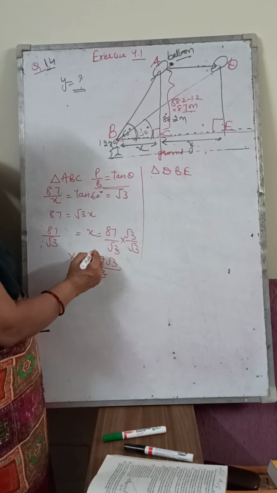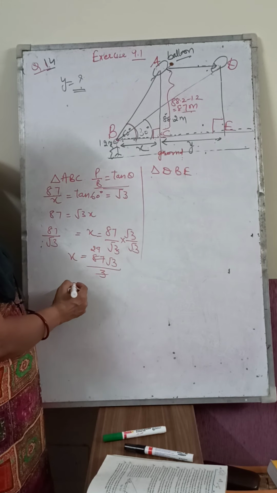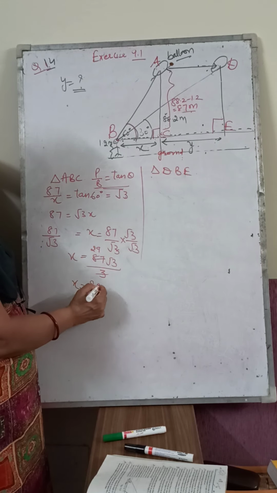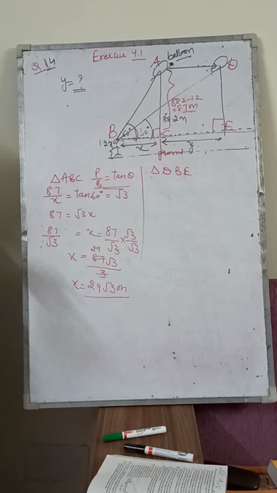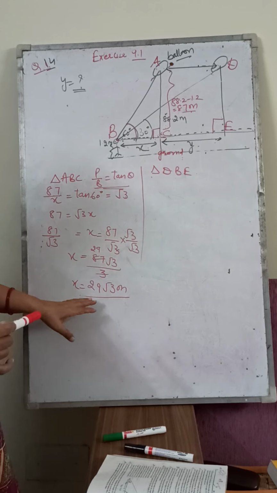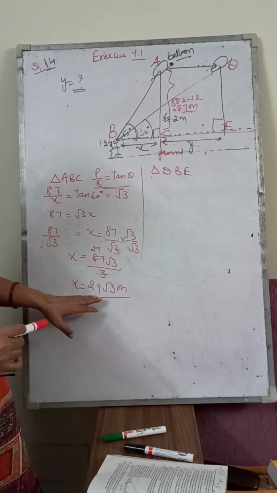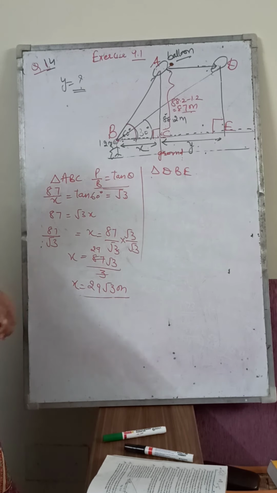Cut it. What will you get? 29. x will be 29 root 3 meter. Is it clear? x value will be 29 root 3 meter.